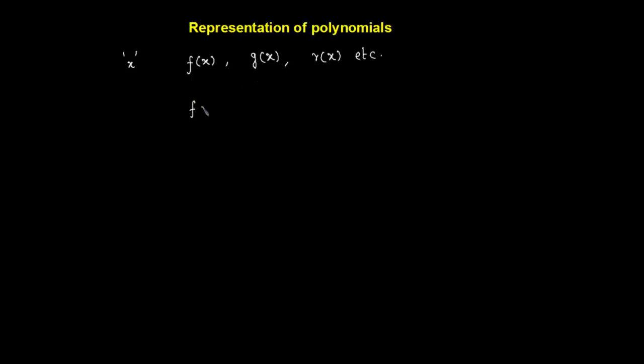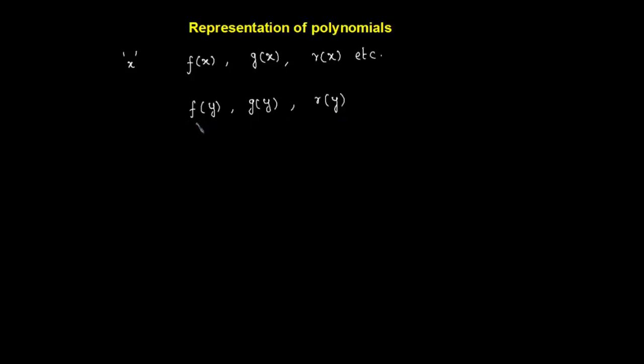Similarly, if you take f of y, g of y, r of y, etc., these stand for polynomials of a single variable, and in this case, this variable is y.